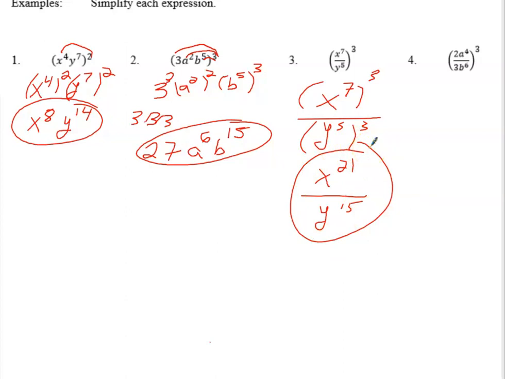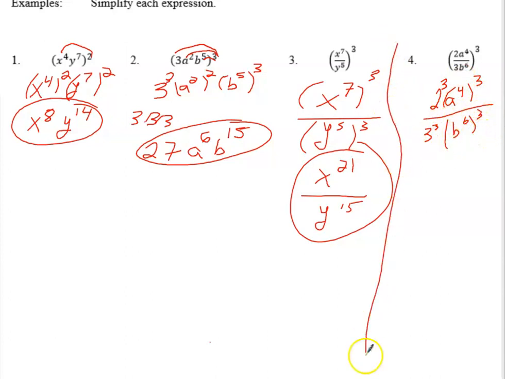Again, when we have numbers in it, we still do the exact same thing. It's going to be 2 to the third power, a to the fourth to the third power, 3 to the third power in our denominator, b to the sixth to the third power. 2 to the third power means 2 times 2 times 2, which gives us 8.